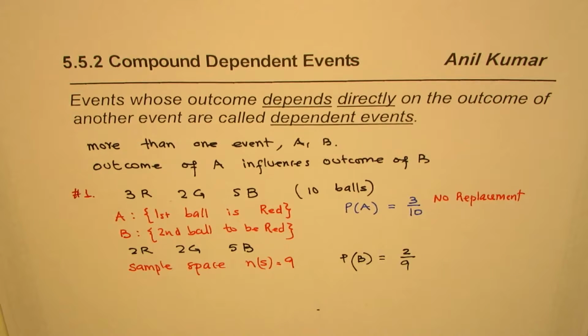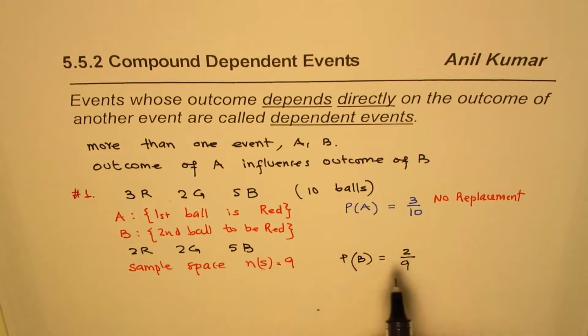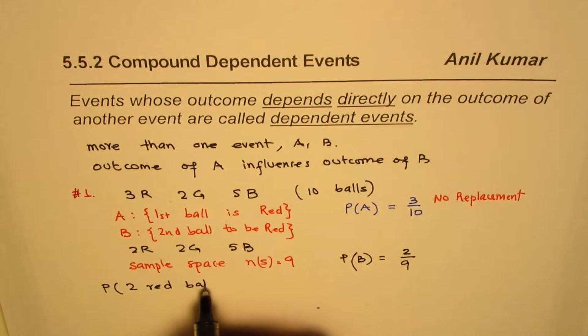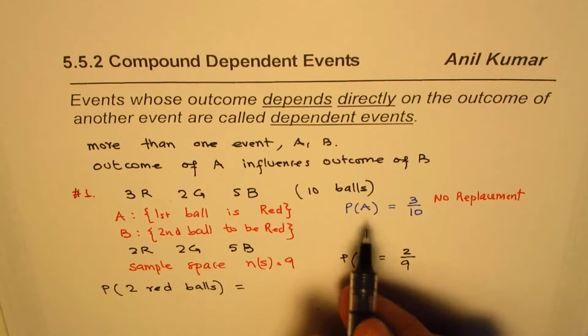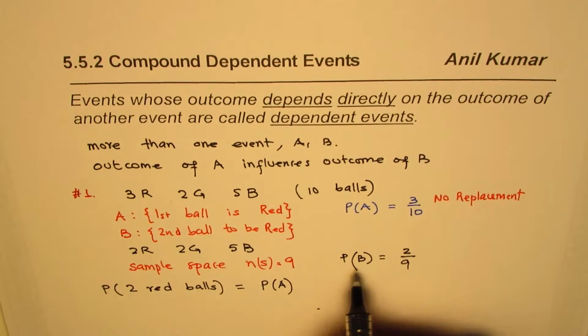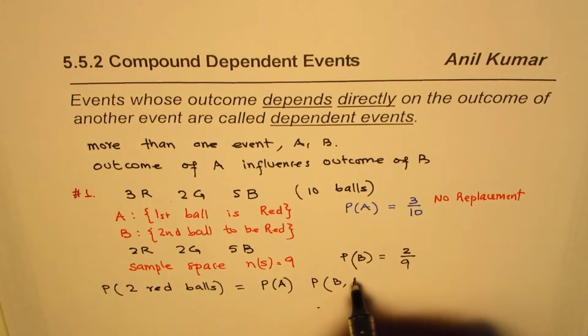Correct? Now the question is, we need to find the probability of drawing 2 red balls in a sequence. So that should be multiplied. The probability of getting 2 red balls should be the product of these 2, the probability of A, and the probability of B when A has occurred.